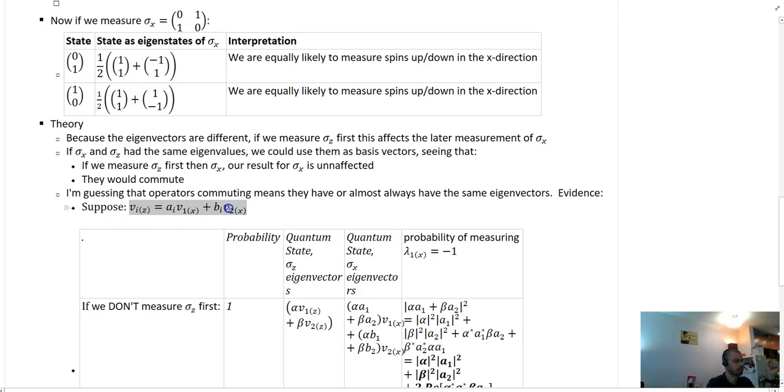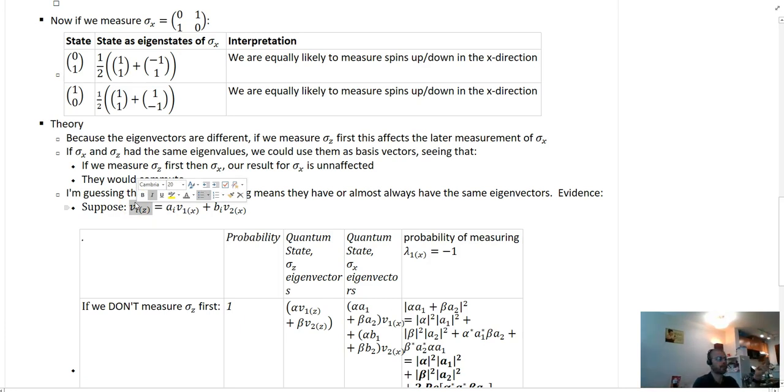So suppose we're in the z eigenstates. If i is equal to 1, it's the first eigenstate. If i is equal to 2, it's the second eigenstate. And so we could represent this z eigenstate in terms of x eigenstates, right? So there's a way to switch between them.